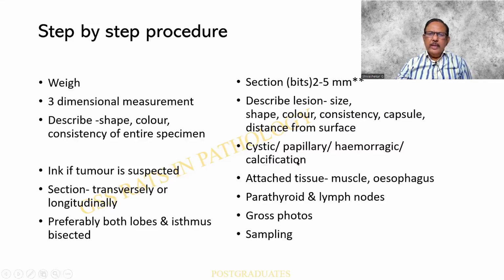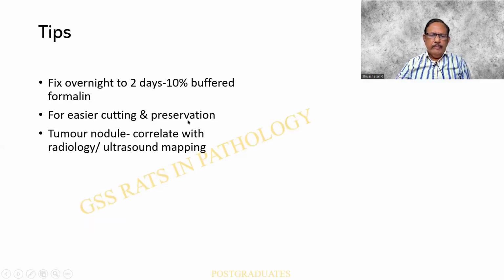All these areas will have to be sampled. Areas of hemorrhage, calcification, and so on. And if there is any attached tissue, please sample it. Parathyroid and lymph nodes will have to be included if present. Always, diagrams are mandatory, and preferably gross photos too, because the specimen cannot be brought back to its original shape. And thorough sampling is also required.